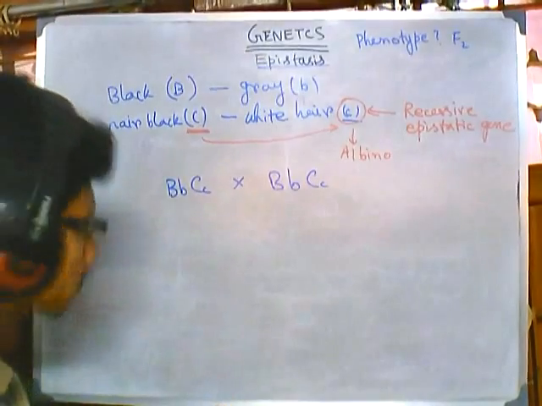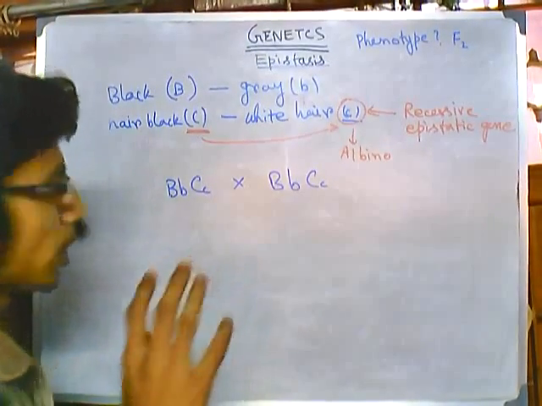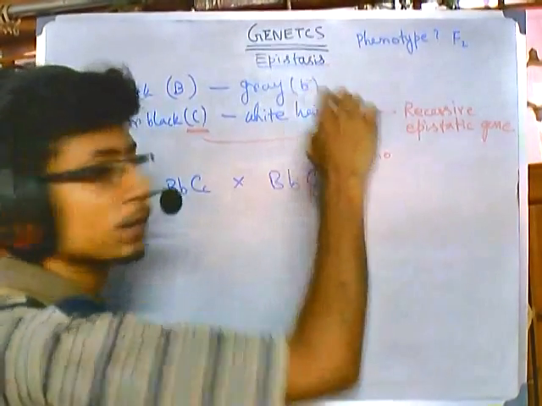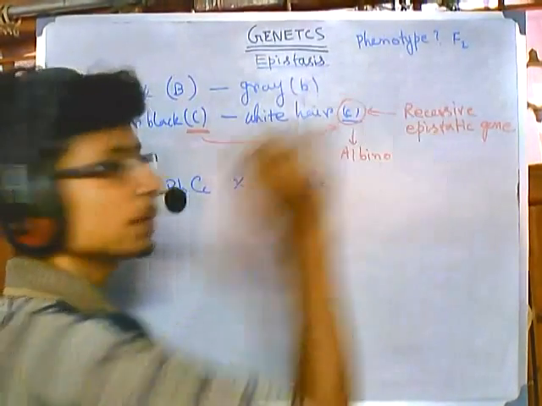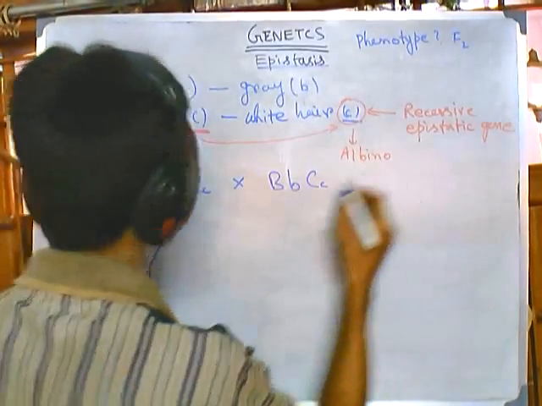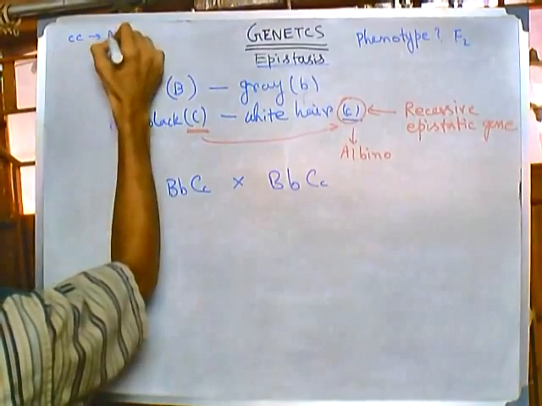Now one thing to be cleared about the problem: as this is an epistatic problem and this small c is the recessive epistatic gene, it means if we are having two small c's, we'll be getting albino.